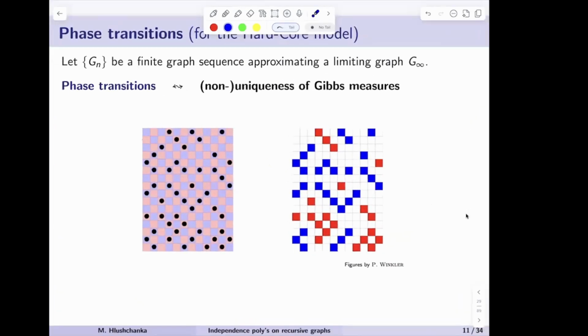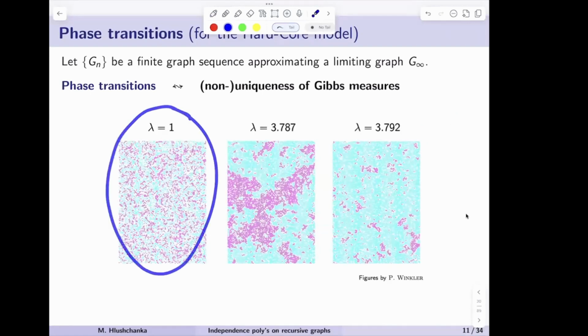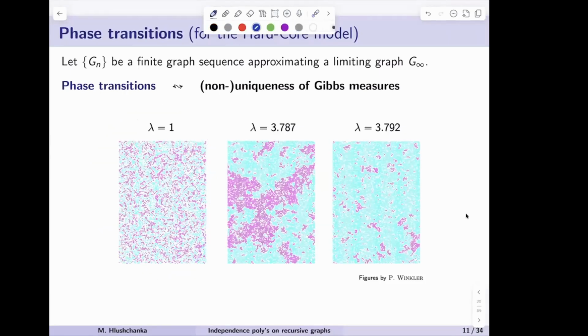Now let's imagine that we are picking some random independent set, and remember that the proportion with which we pick it is given by this quantity, where lambda is the parameter. If lambda is equal to 1, then we just pick a random set independently, so there is no structure appearing. However, what happens if lambda starts to get large? Let me write this formula again. This is the formula for the weight.